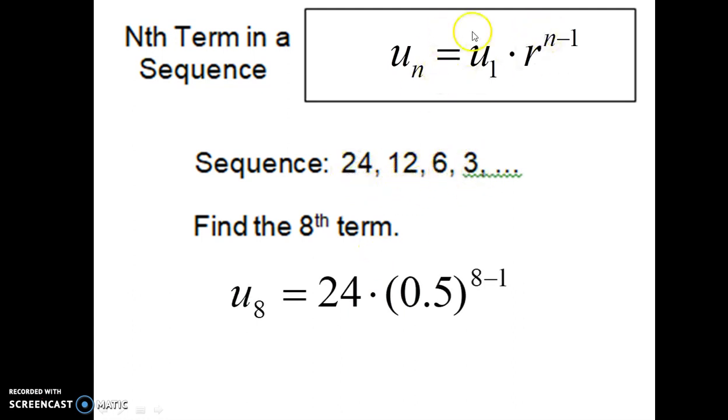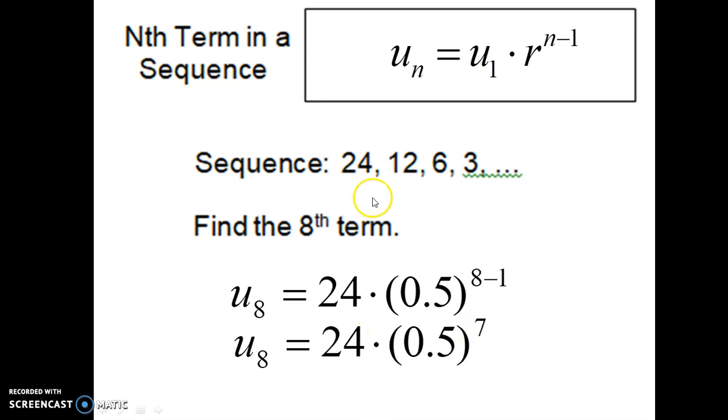So using this rule, and we're looking for the 8th term, u8 is equal to 24, which is u1, times the ratio, which is 0.5, to the power n minus 1. And n minus 1 is 8 minus 1. So again, it's the first term times the ratio 7 times, because you'll have to do 7 jumps to get to the 8th term. So 7 jumps of 0.5. And that works out to 0.1875.